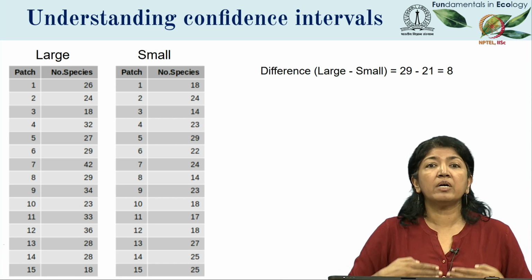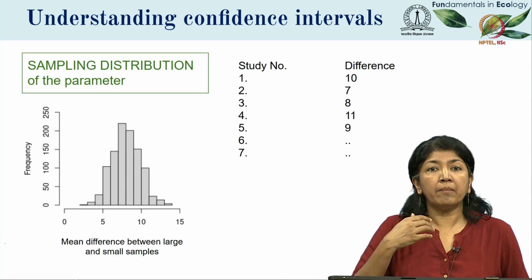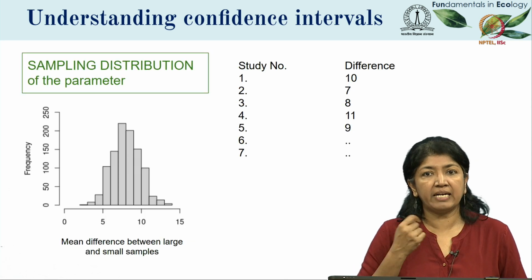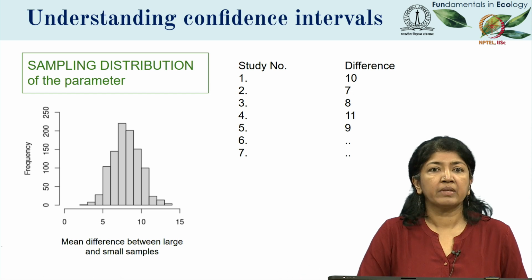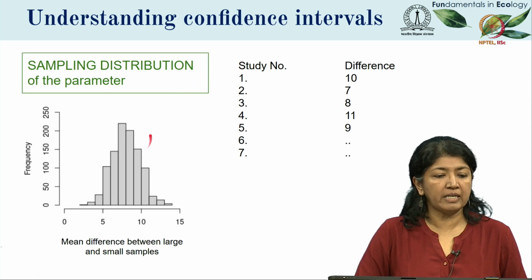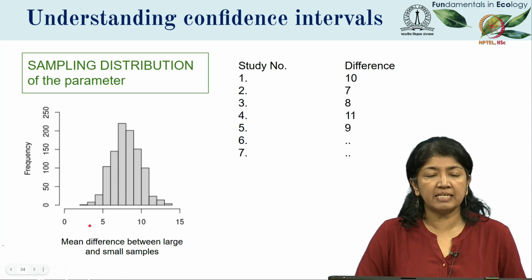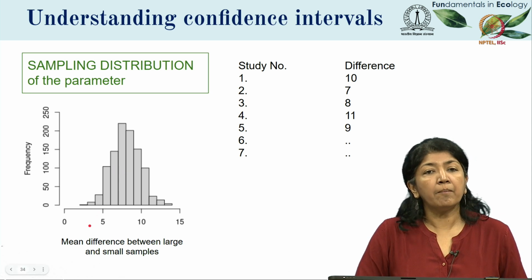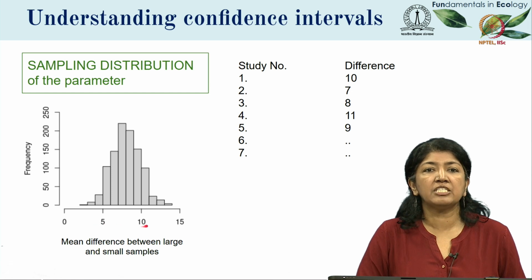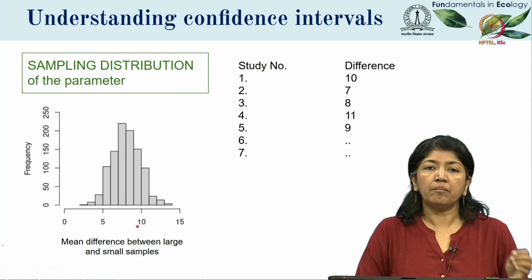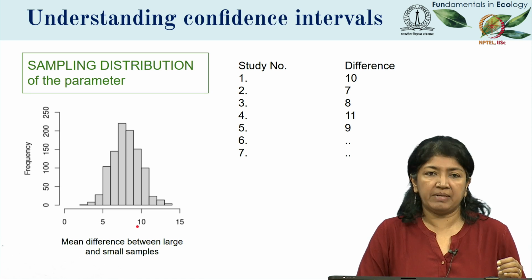So, if we were to do this study many times, each time we calculate a sample mean difference, and if we were to then plot that out here, this shows you a frequency distribution of the mean difference between large and small habitat patches. These are the sample estimates.